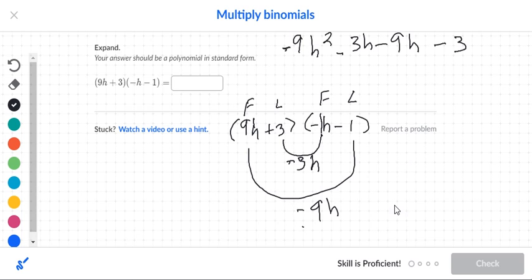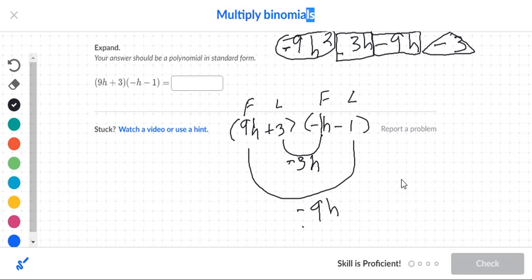So I'm going to start with, I'm going to circle. So I want to go ahead and circle here. I want to put these in boxes though. And then I want to put this in a triangle. So I'm going to start off with the negative 9h to the second.